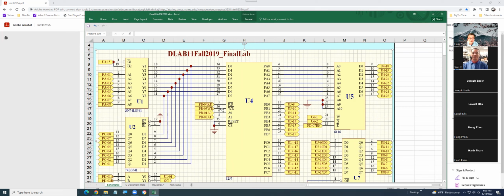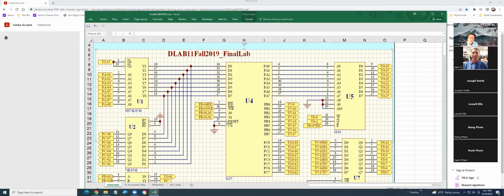So if you set A0, A1 to 0, 0, that means data from port A is allowed to go here, and it can go to Q2 for verification.